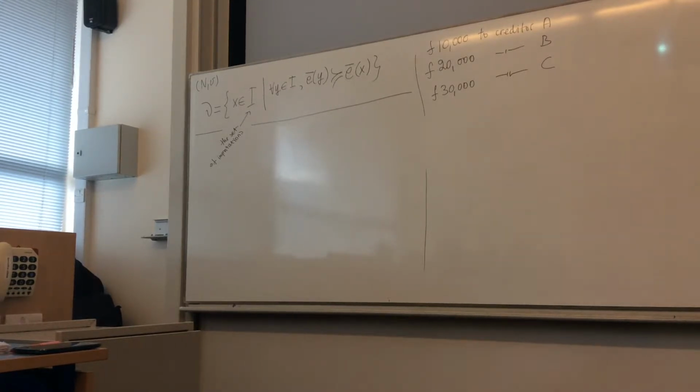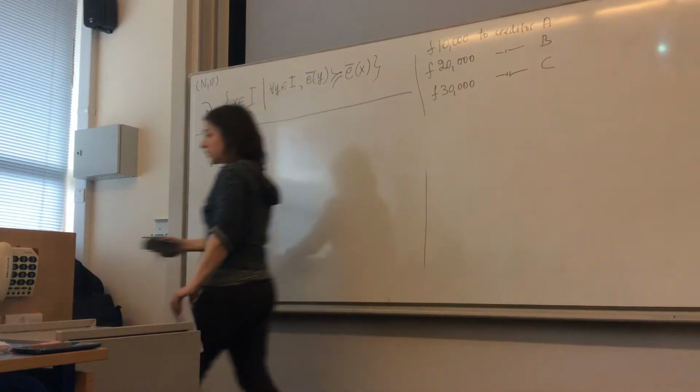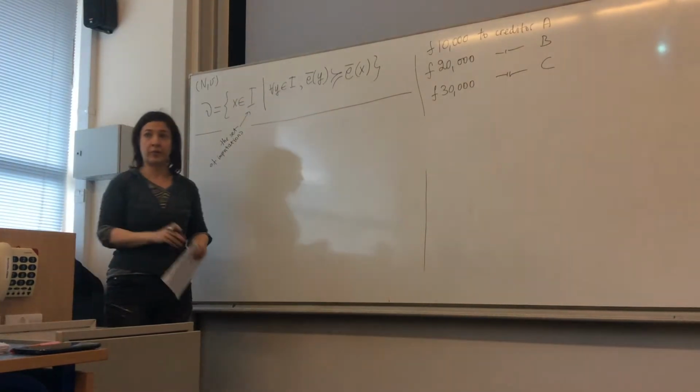So the question is, how should the firm divide the money among the creditors so that they do not complain?